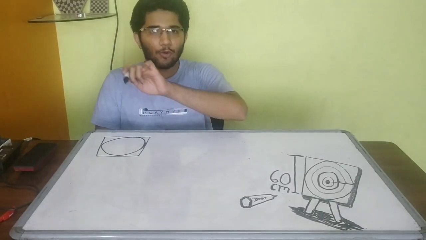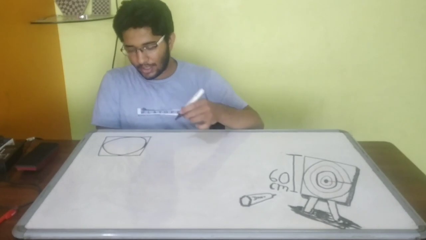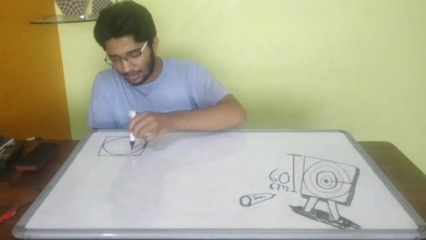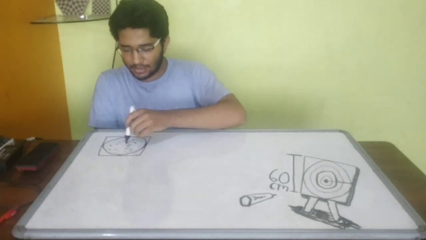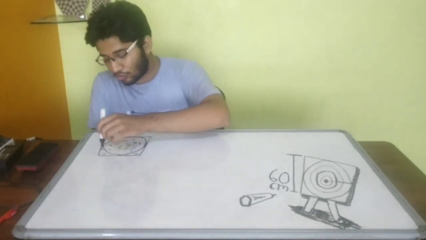It will not go outside the square. So when I throw the dart, it can hit anywhere in the circle, or it can hit anywhere on the square.